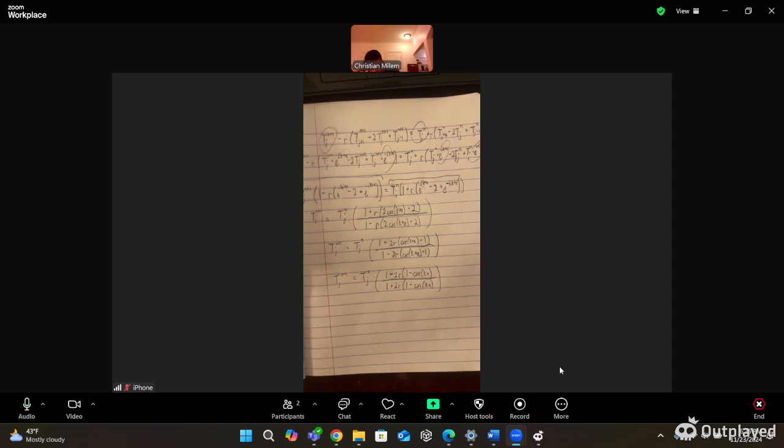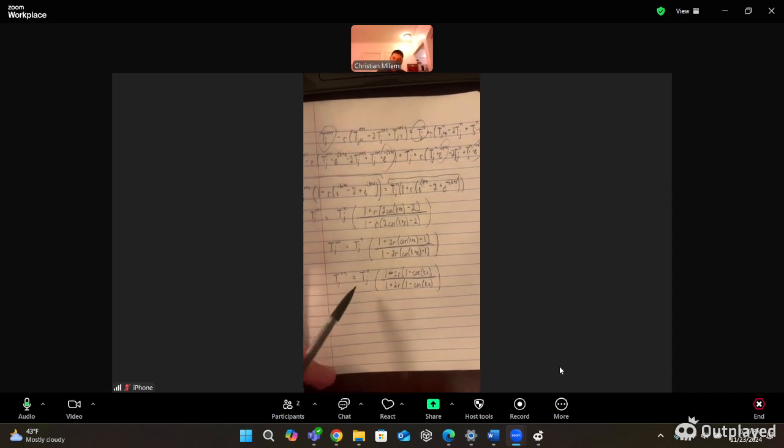Which means what will eventually happen is this term on the top will always be smaller than this term, because you have all of this plus 1 and then you have all of this being subtracted from 1. So no matter what value you use for r, everything on the top is always going to be smaller than everything on the bottom, meaning that your temperature at a later point in time will never go to infinity, and it's never going to be larger than your temperature at your current time. So you can use any value that you want for r.